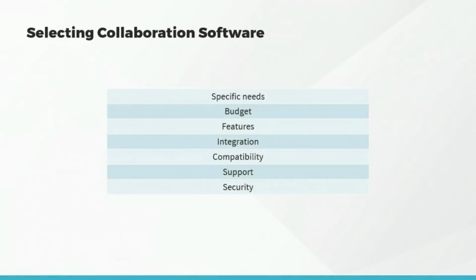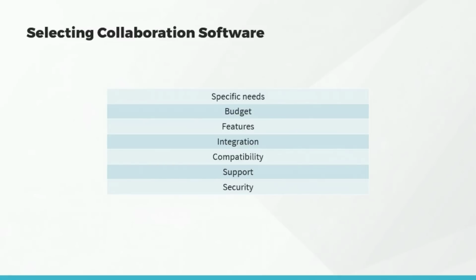So, when considering which collaboration application or suite to implement, factors should include the specific needs of your team or organization, your budget, of course, the features and services included, its ability to integrate into your current environment with respect to the devices, operating systems, and other applications in use, its compatibility across multiple platforms, what kind of support is available from the vendor, and what kind of security it offers through features such as multi-factor authentication and data encryption.